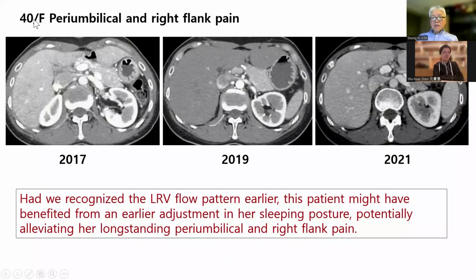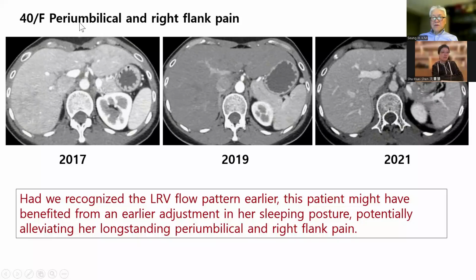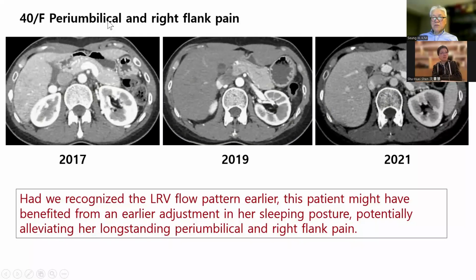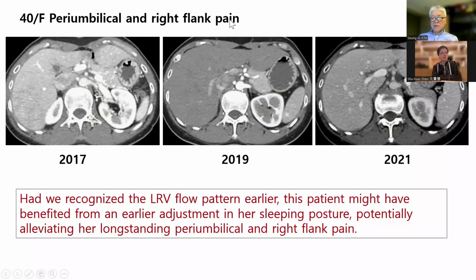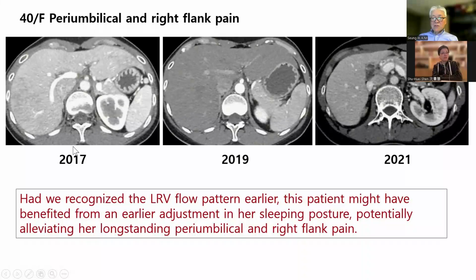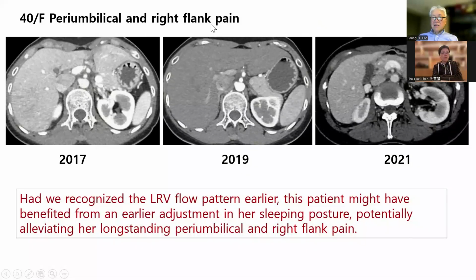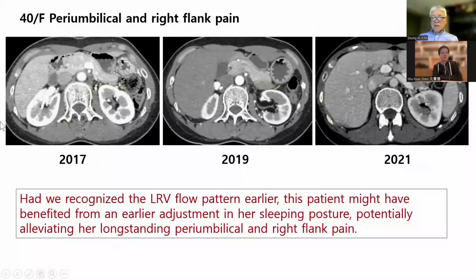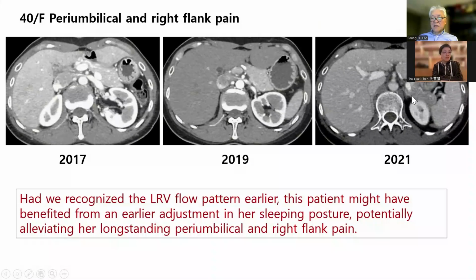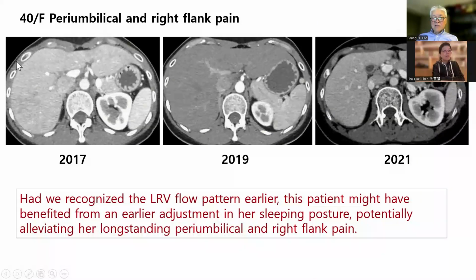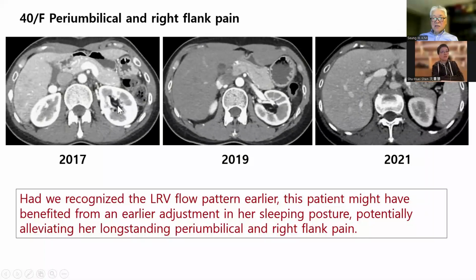And this was a young woman with a long history of periumbilical and right flank pain. In 2017, 2019, and 2021, because of this pain, this patient had a CT scan repeatedly. And this was a 2017 CT scan.